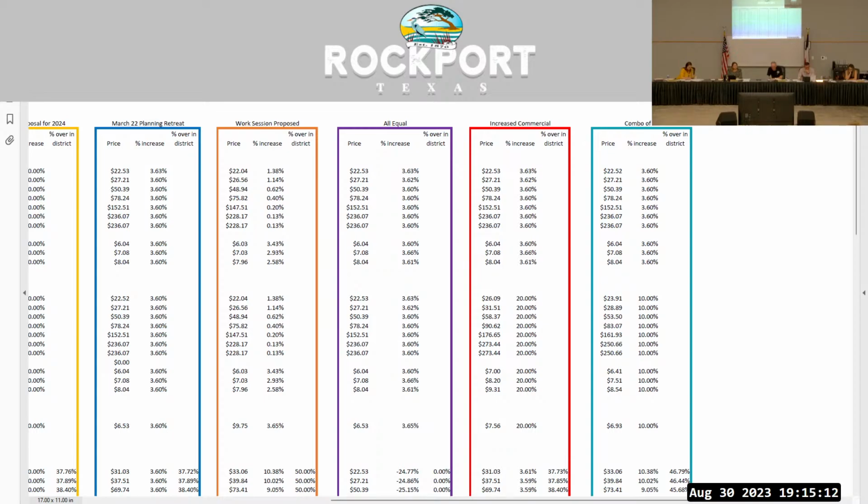I was going with the planning retreat, but now I'm not so comfortable with that number because the usage isn't plugged into it. I don't want to say, hey, let's use that number and then find out it's somebody else's numbers, and so I'm not confident in saying this is what you should go with. But you're comfortable with the combo. Yeah, I'm more comfortable with that. But we need to nix the furthest right.